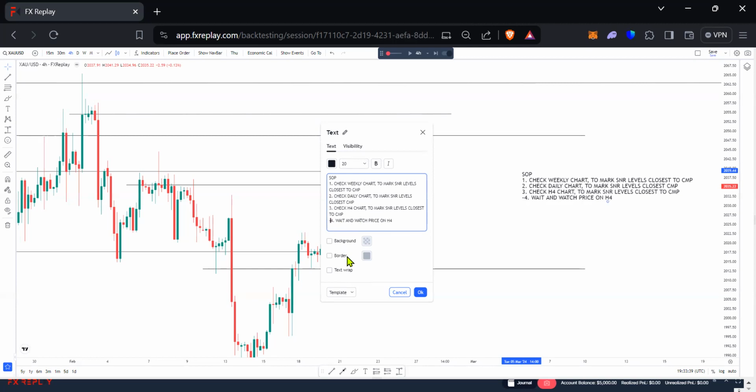So for five, when you're waiting on step number five, what we're doing is this: when price taps into the marked SNR levels on the H4 charts, go to M30.